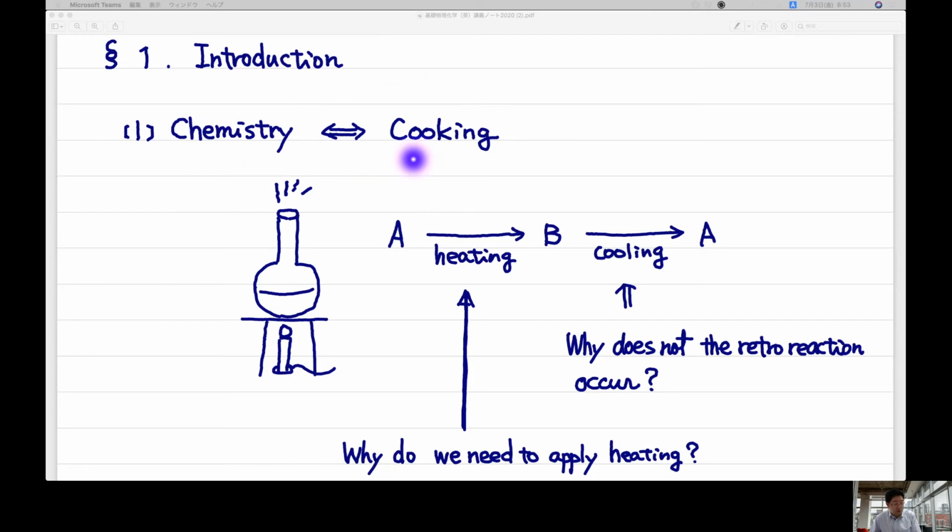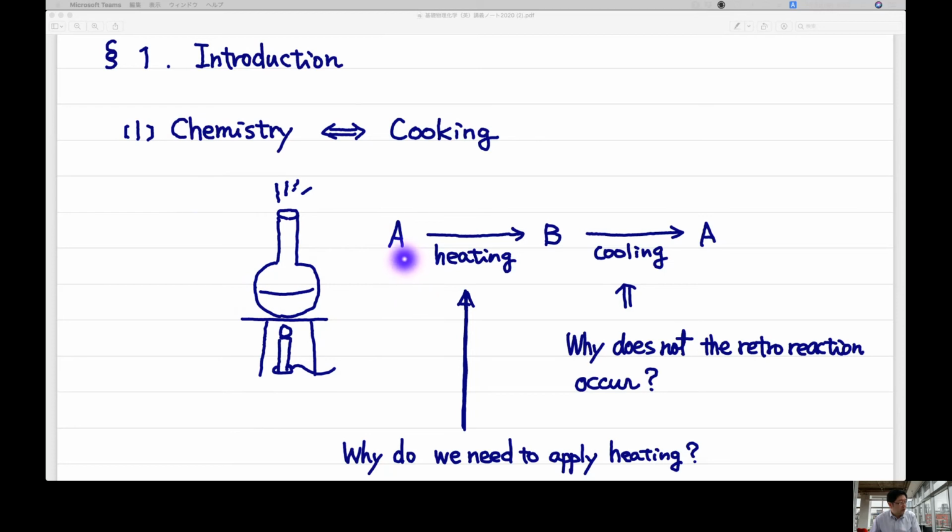Maybe some of you are cooking every day, and that is very similar to a chemical reaction performed with a flask and a heating unit. Compound A is put into the flask with the solvent and heat is added.